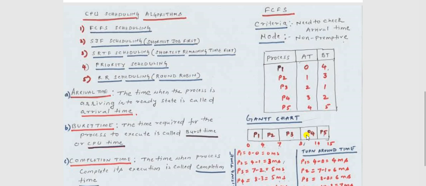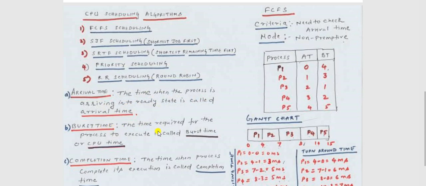Now I explain the terms which are very important before I start explaining the first come first serve scheduling algorithm. Arrival time: the time when the process arrives into the ready state is called arrival time.